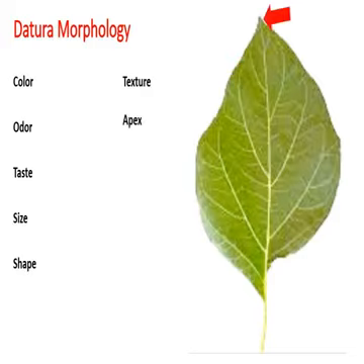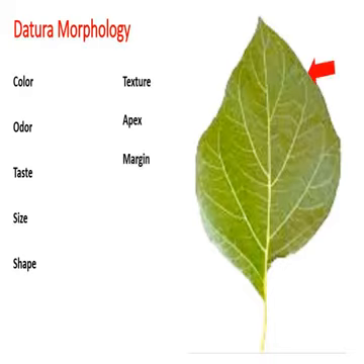Next is apex. Apex is the topmost point of the leaf. Apex is acute in case of Datura leaf, and we call it acute because the two margins of the leaf meet at the uppermost point and form an acute angle. This is also called pointed apex or tapered apex.